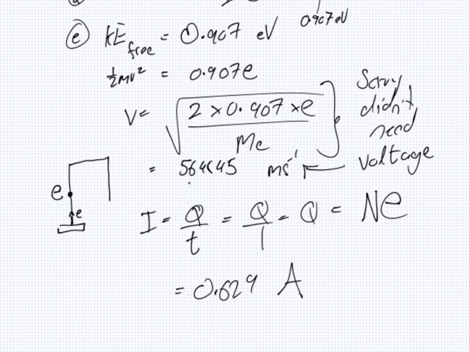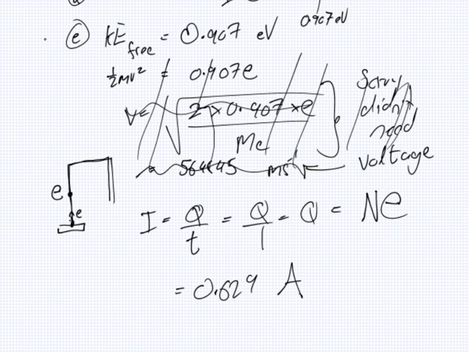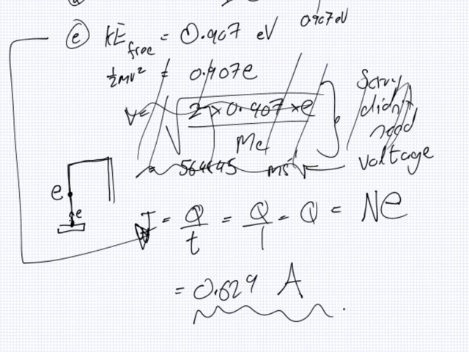No, this is the speed of when the electron is released from the plate, but when it enters the metal conductor, I'd imagine it'd be going much less. So actually, forget about that. We can just jump straight to here. So there you go. That's the current that you get from our little solar panels.